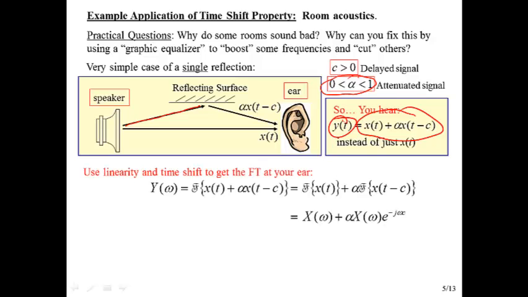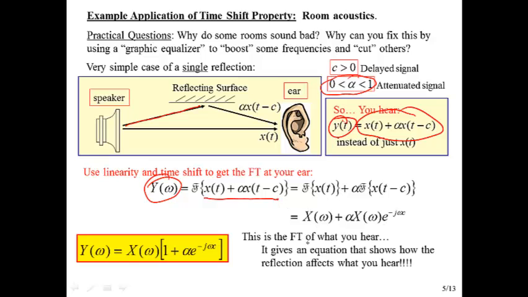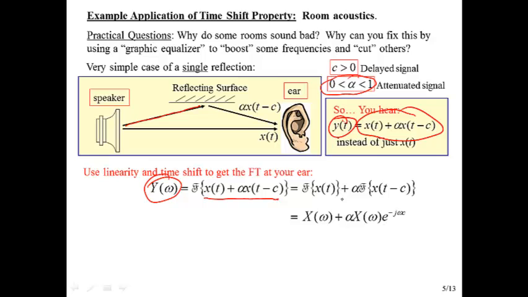And we can analyze this using Fourier transforms. So we take the Fourier transform of the received signal y of t, use linearity to pass the Fourier transform through these terms, and pull the alpha out in front. So we have the Fourier transform of x of t as X of omega. The Fourier transform of a delayed version of a signal, we go back to our time shift or delay property, and so it's the original Fourier transform times e to the minus j omega c.